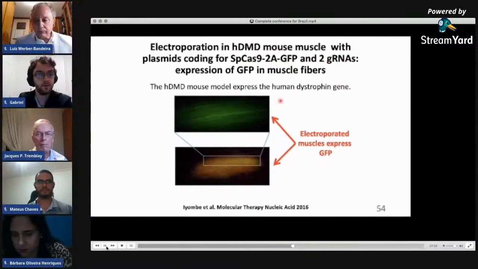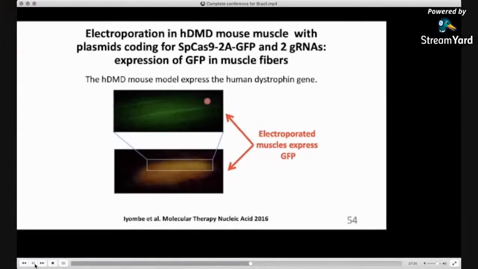A month later, when we took the muscle, there was expression of the green fluorescent protein, confirming that the plasmid had been correctly electroporated in the muscle fibers, and probably also leading to the expression of SpCas9 and of the 2 guide RNAs.